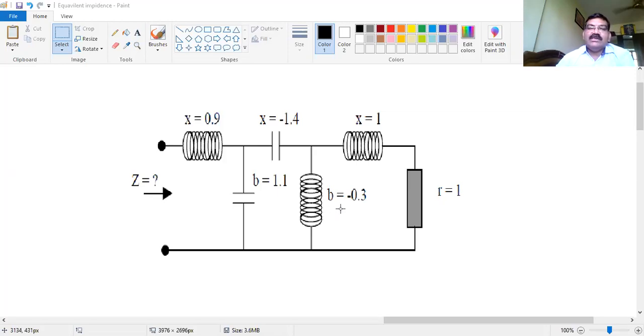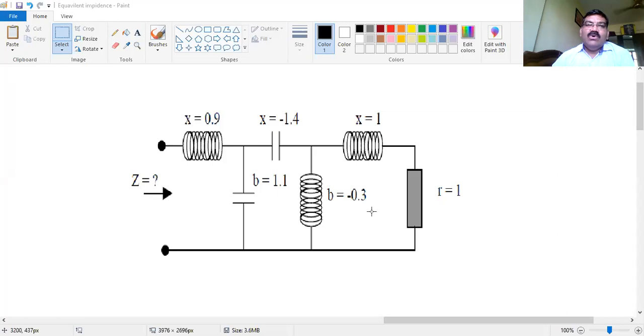When you consider the addition, if two impedances are in series, you can simply have Z equals Z1 plus Z2. If two admittances are in parallel, you can have Y equals Y1 plus Y2.